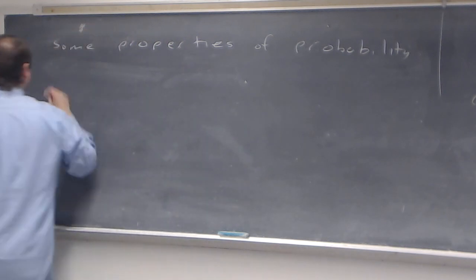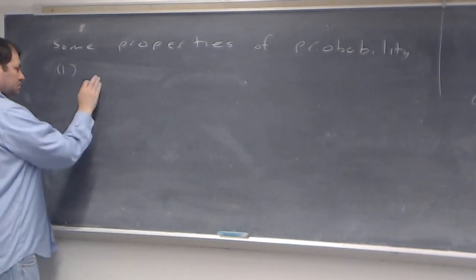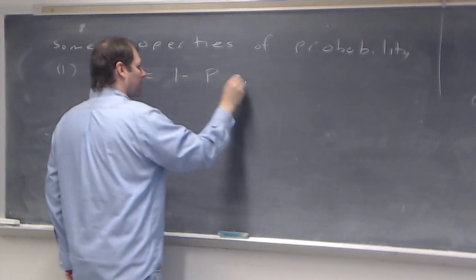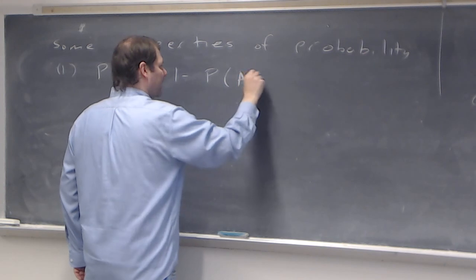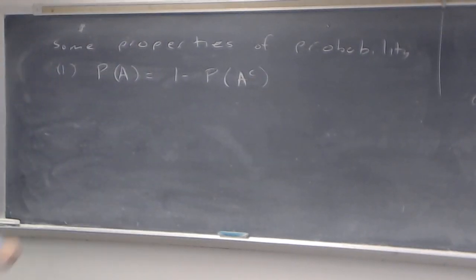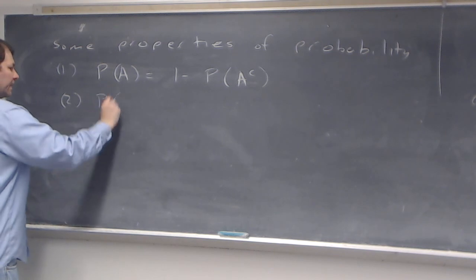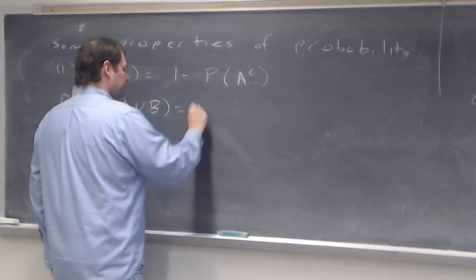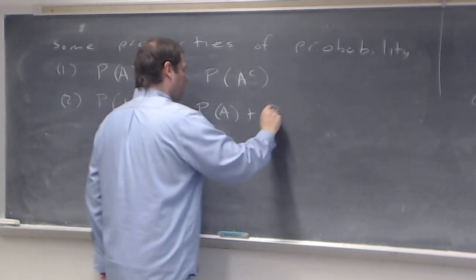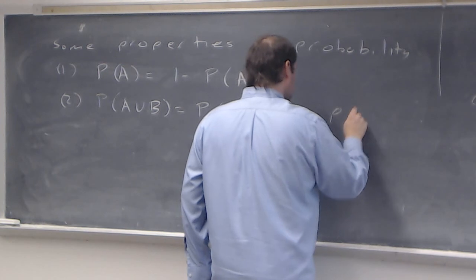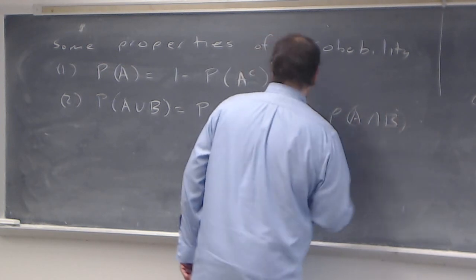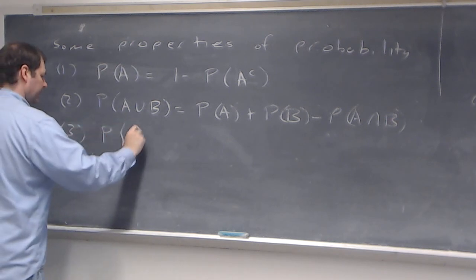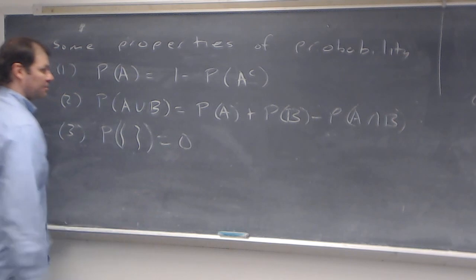The probability of an event A is equal to 1 minus the probability of A complement. A second thing I want you to be aware of is the probability of A union B is equal to the probability of A plus the probability of B minus the probability of A intersect B. And thirdly, the probability of the empty set is equal to 0.